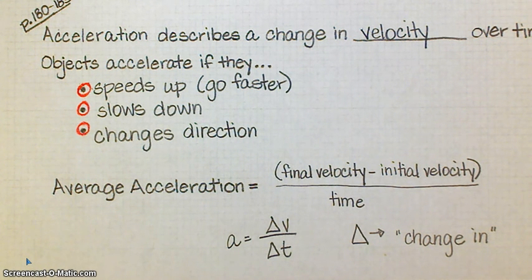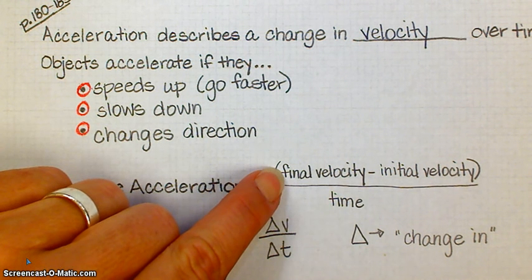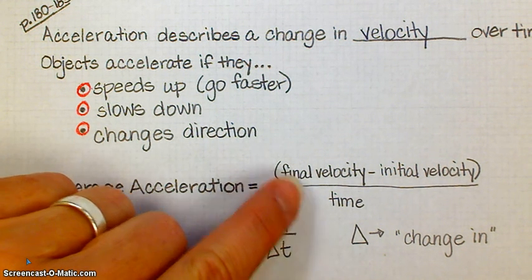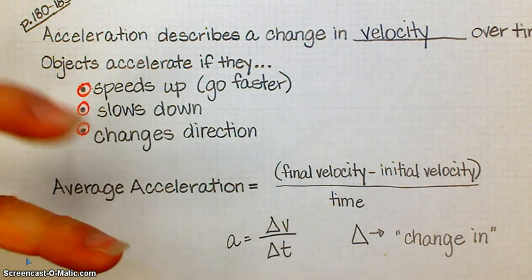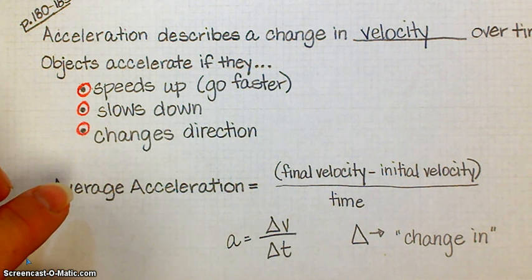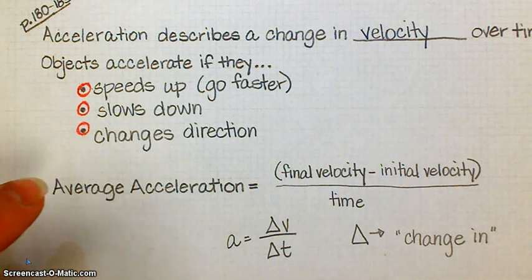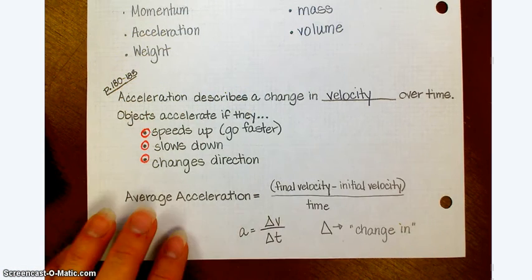Okay, so how do I get the change in velocity? Well, I do final velocity minus initial velocity. How do I get the change in time? I get final time minus initial time. A lot of times the beginning time is just 0, but is everybody okay with that? Okay, so I'm going to zoom out so that those listening to the recording can actually see everything.